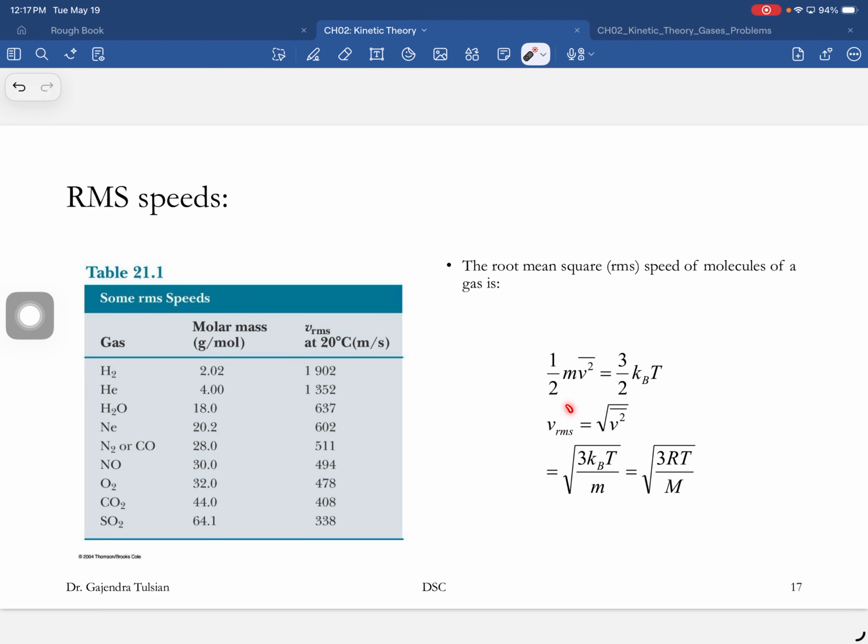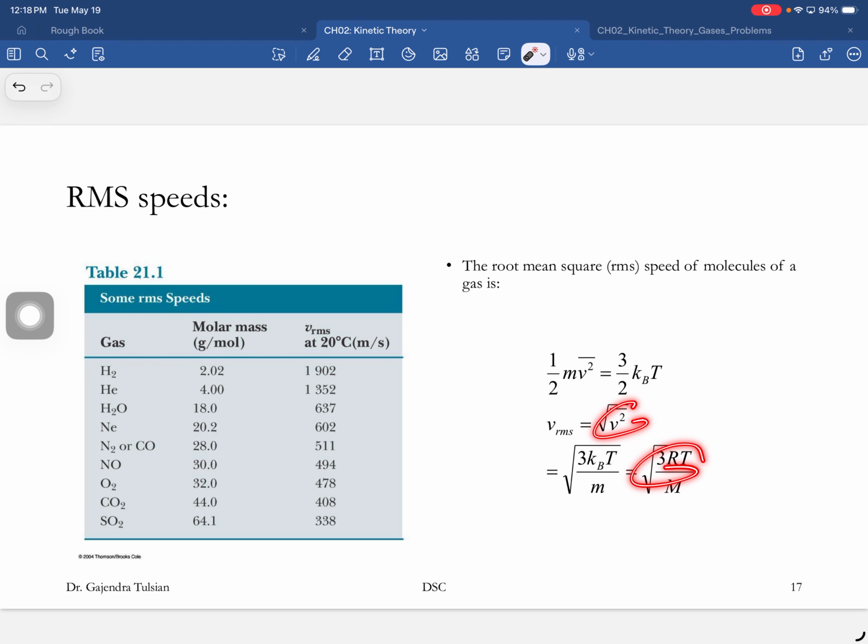You will see this RMS in a lot of different places. You'll see this in circuits and so on. What RMS means is root mean square. So it's sort of an average speed.